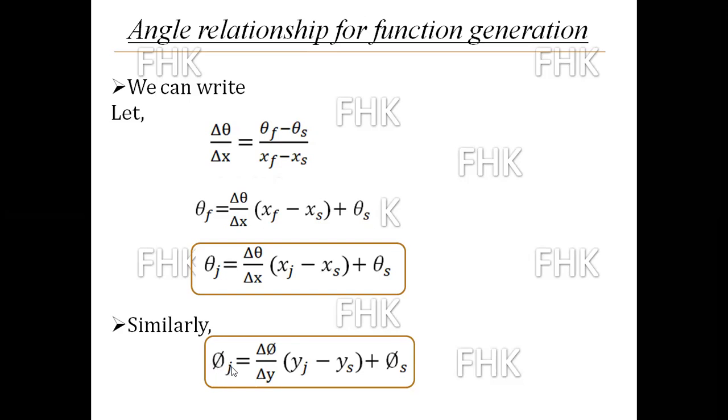Inclination of the output link for j position is equal to delta phi divided by delta y into yj minus y starting plus this theta will be replaced by the inclination of the output link, that is phi s. So remember these two formulas for solving the numericals, that theta is for the input link and phi is for the output link.